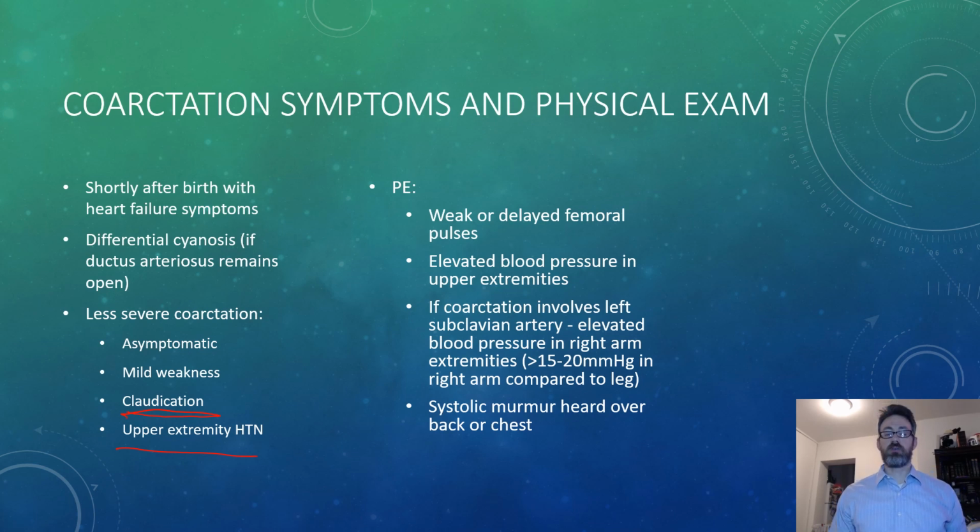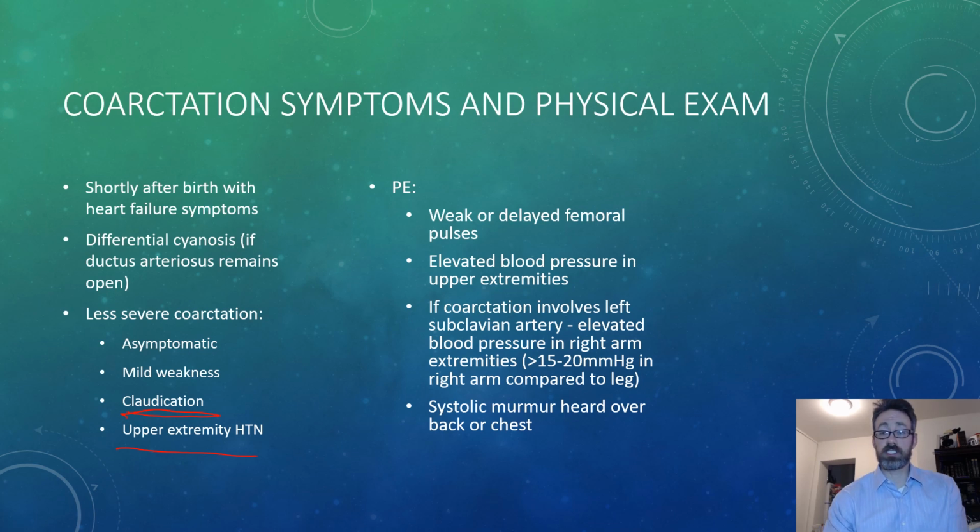Generally speaking, the lower extremities should have a higher blood pressure than the upper extremities. Usually the systolics are anywhere from 10 to 20% higher than in the upper extremities. In this case, the blood pressure could be lower than the blood pressure in the upper extremities.